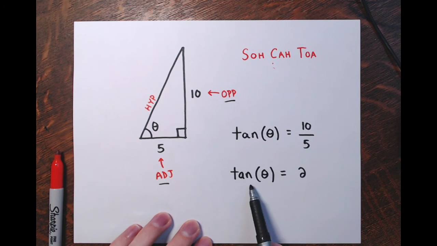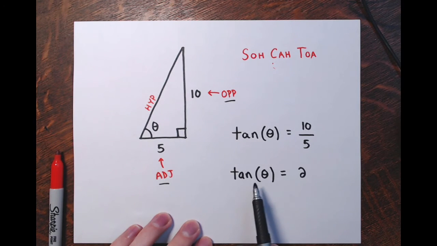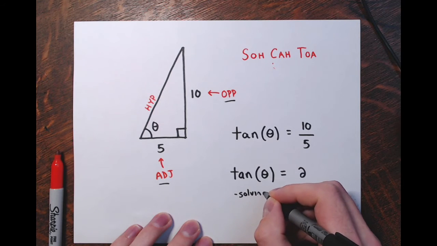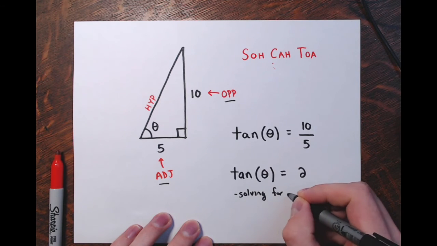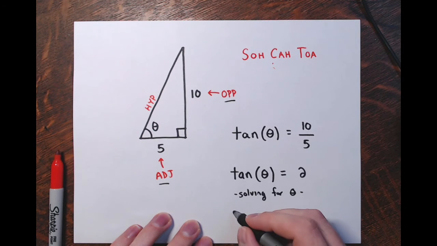And once you have an equation like this, you've solved trigonometric equations in previous assignments. A very quick way to get an acute angle, something between 0 and 90 degrees, is to use inverse tangent. So I'm going to solve for theta by simply taking the inverse tangent of both sides.